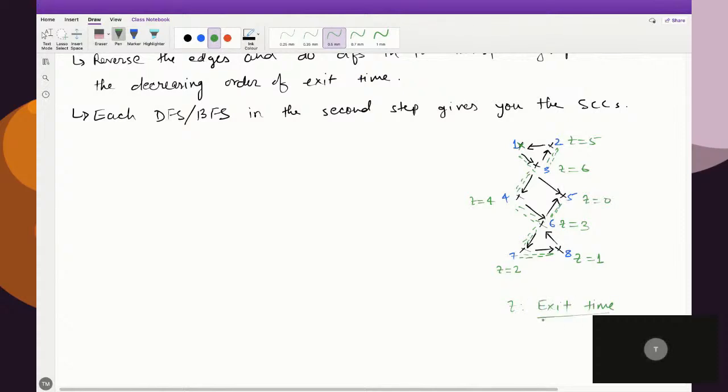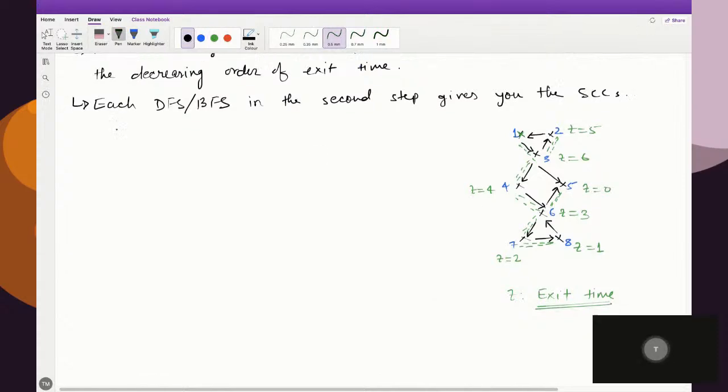Now let us order the nodes according to the decreasing order of the exit time. Of course the exit time for node number 1 will be 7, because from 3 you will come back to node number 1. Sorry about this.